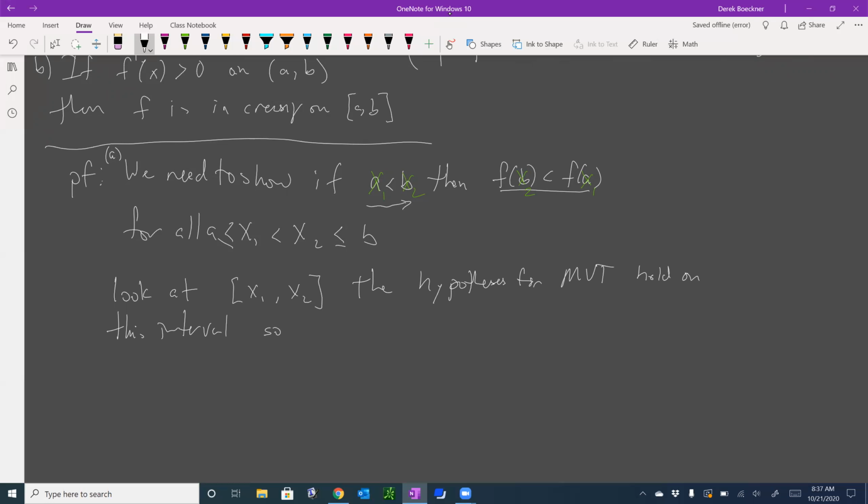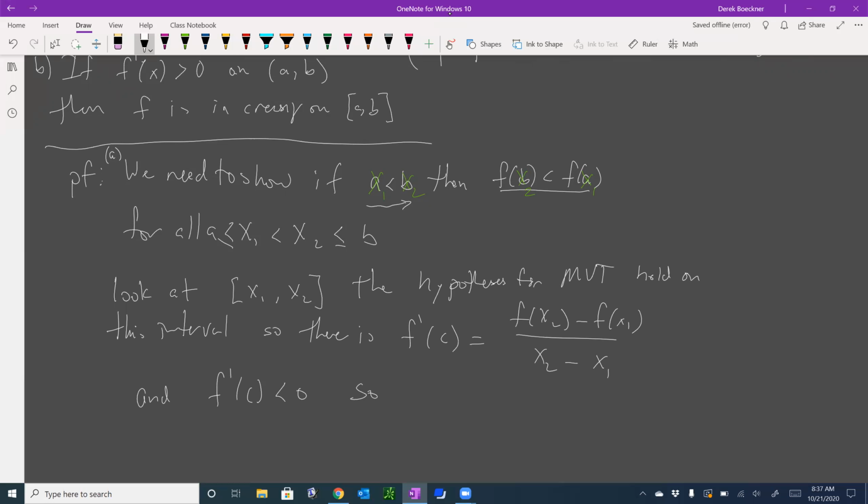So there is a C with f prime of C equal to f of x2 minus f of x1 over x2 minus x1. And f prime of C is less than 0.